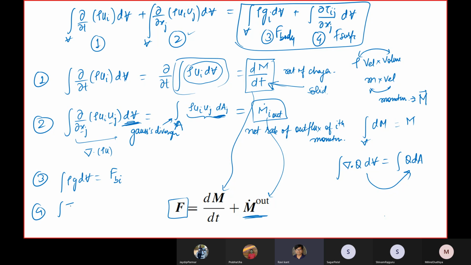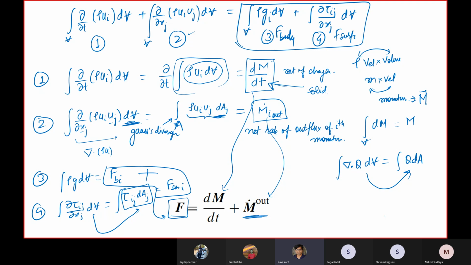For the fourth integral I take ∂τij/∂xj dV. Again I can apply the divergence theorem and write τij dAj, volume converted to surface integral, and stress times area is nothing but the surface force in the ith direction.